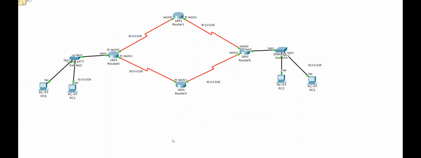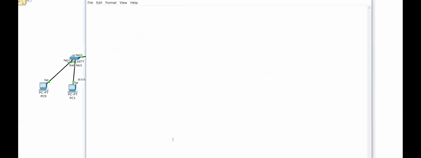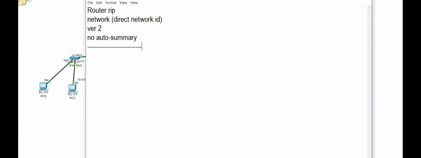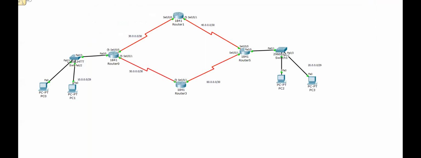Now we have discussed that the syntax is router rip, network, direct network ID. After that, we write version 2 and no auto summary. So we have to check our direct networks on every router.